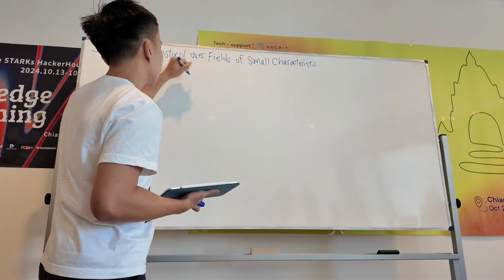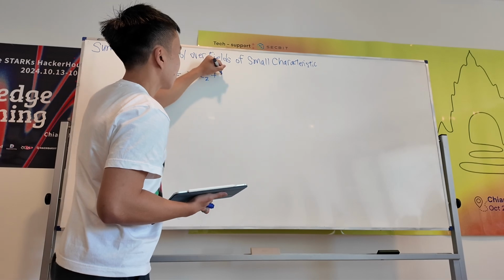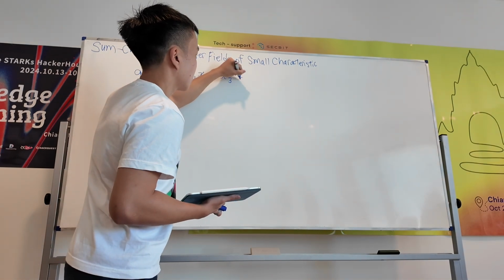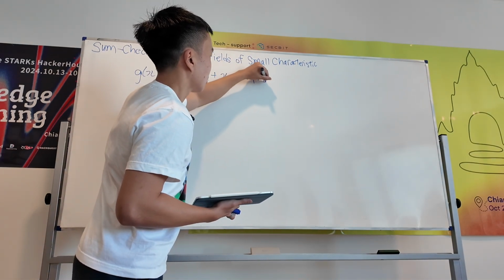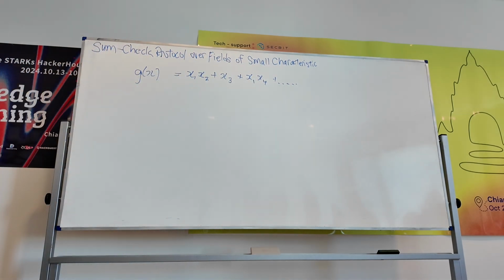So you're going to have, say, x1 x2 plus x3, then plus x1 x4, and so on. So x is a vector here. G(x), x is a vector, so you can see it that way. So it's just variables in the multivariate polynomial, multilinear polynomial in this case.